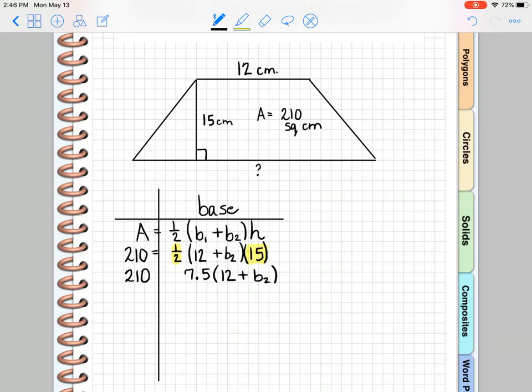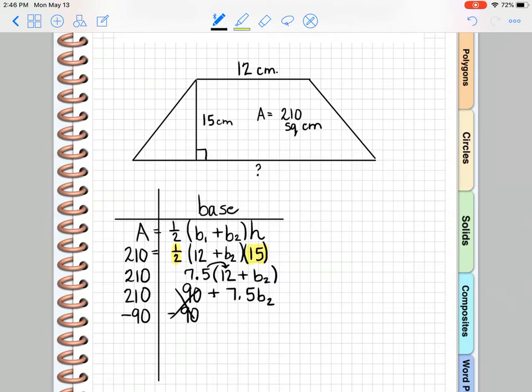And then I'm going to say, okay, 7.5 times 12, let's use some distribution, is 90. And then 7.5 times b2, the second base, is going to be that coefficient and variable. I'm going to subtract the 90 from both sides.